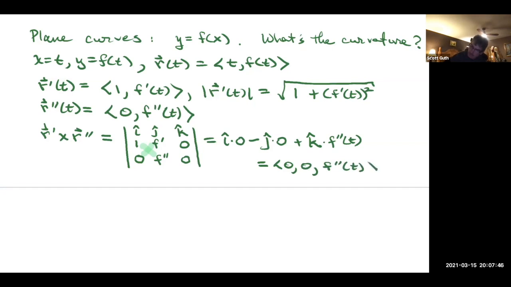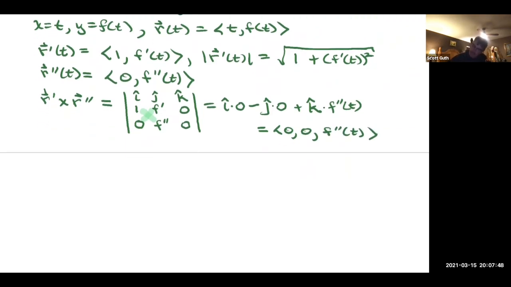And then if we take the magnitude of r prime cross r double prime, because this points in the z direction, you're going to be squaring the z component and taking a square root, which, as I've said repeatedly, just does the absolute value. So this is just going to be absolute value of f double prime of t.